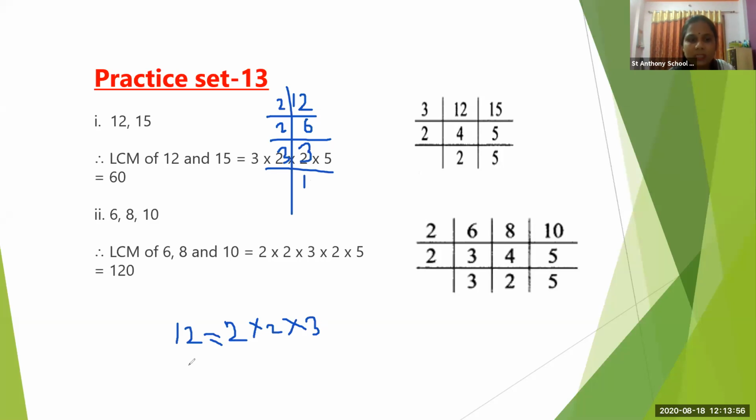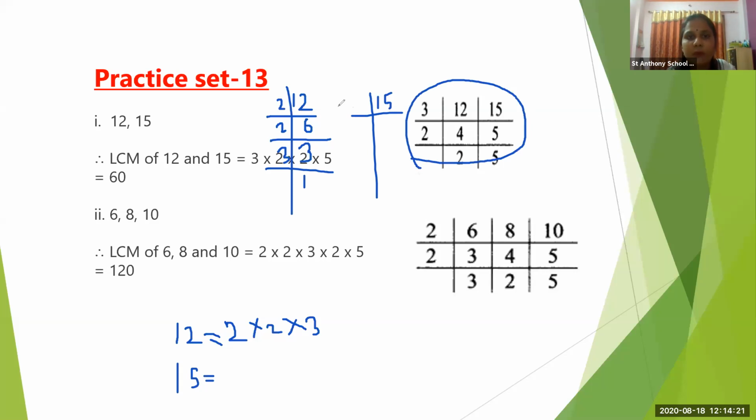Now what are the factors of 15 then? See, take 15 separately. This method is used to find HCF. It will not create any confusion to find HCF and LCM. If you want to find LCM, then take it as common.